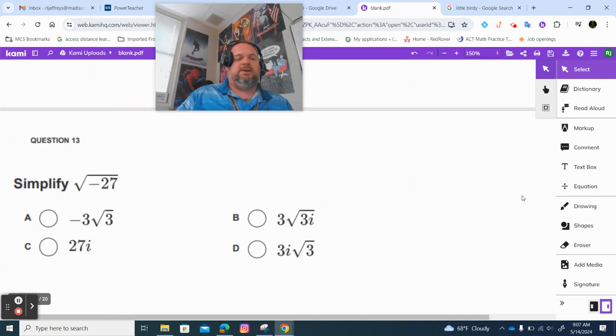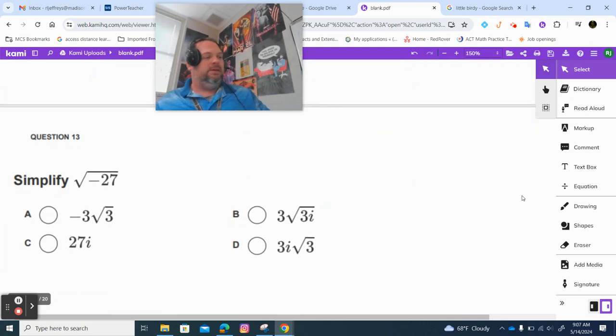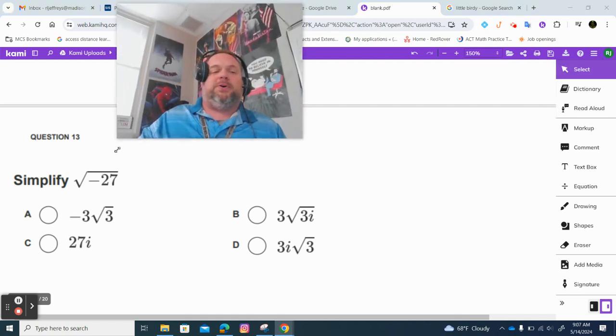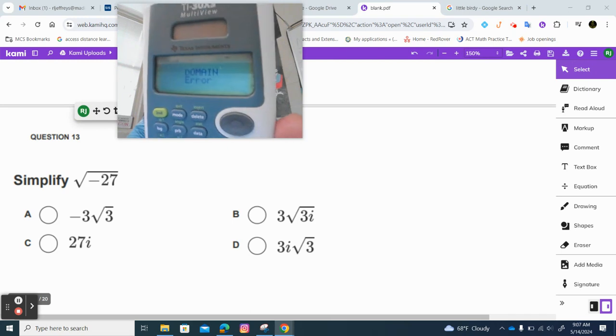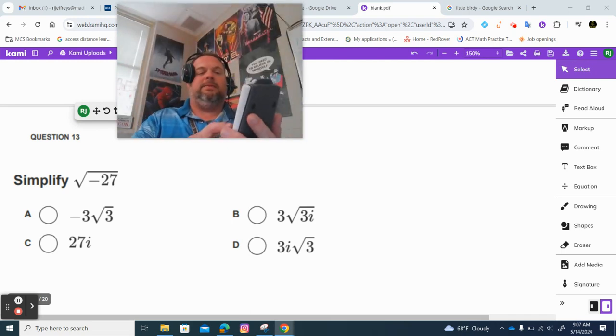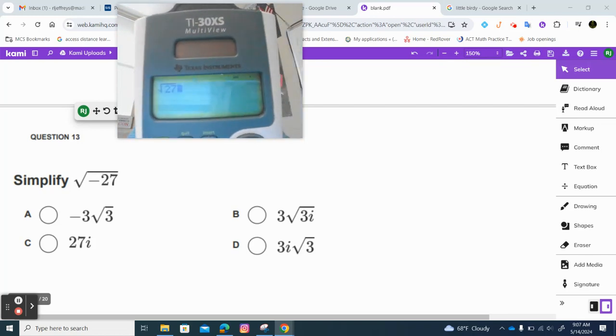All right. So, moving on to good old 13. Hey, this is a calculator problem. Now, we can't put a negative in the calculator like this because if we do, we're going to get this domain error. So we actually just put the positive version.